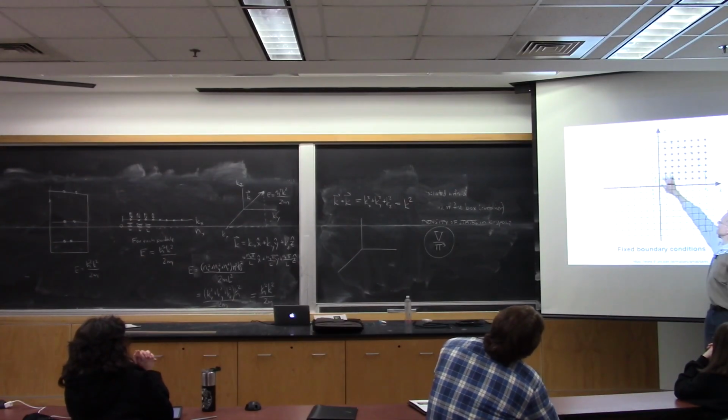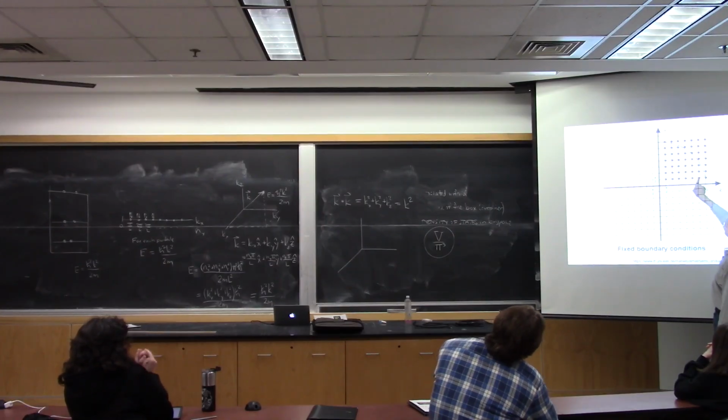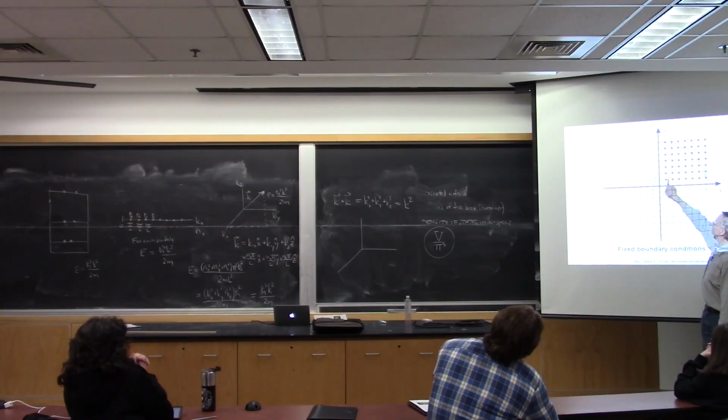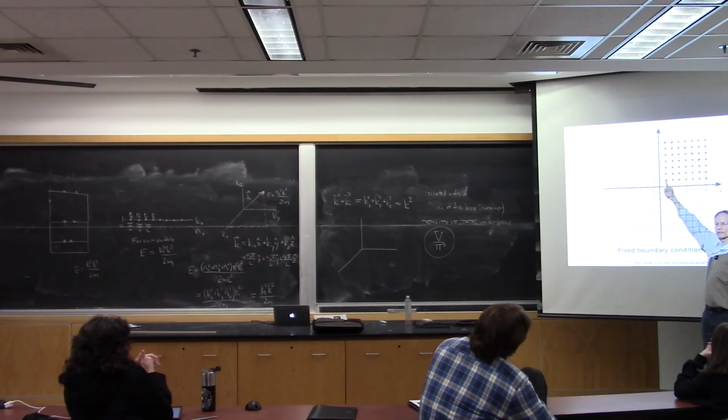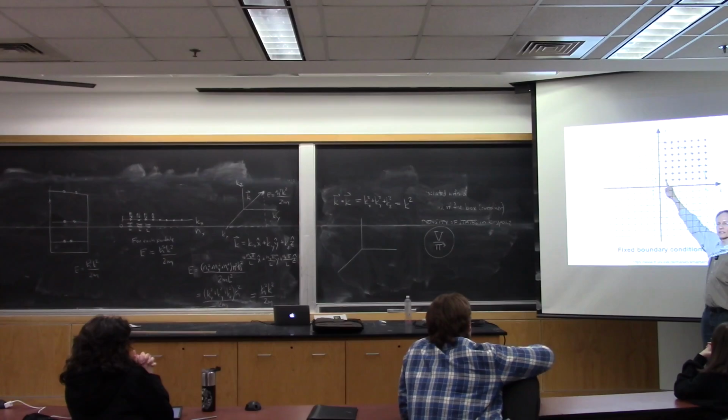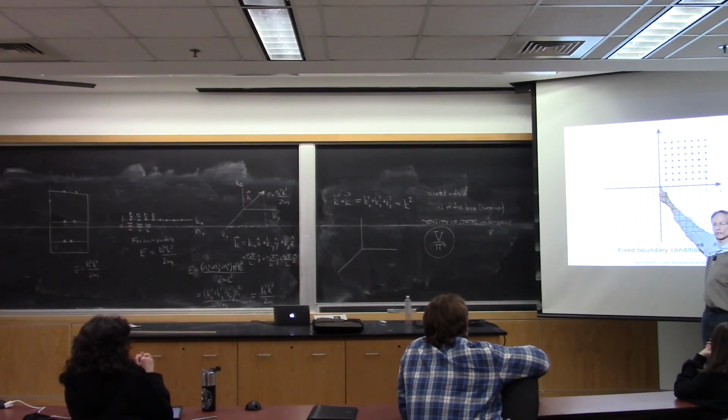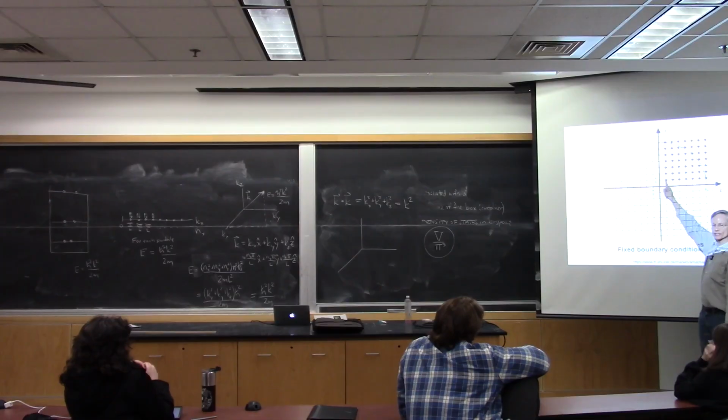Which one of these states has the lowest energy? Make my finger stop when I hit the state with the lowest energy. Stop. Yeah, because of all the states available, that's the one that is closest to the origin, right? Because the energy is entirely determined by how far you are from the origin. So that is the lowest energy state.